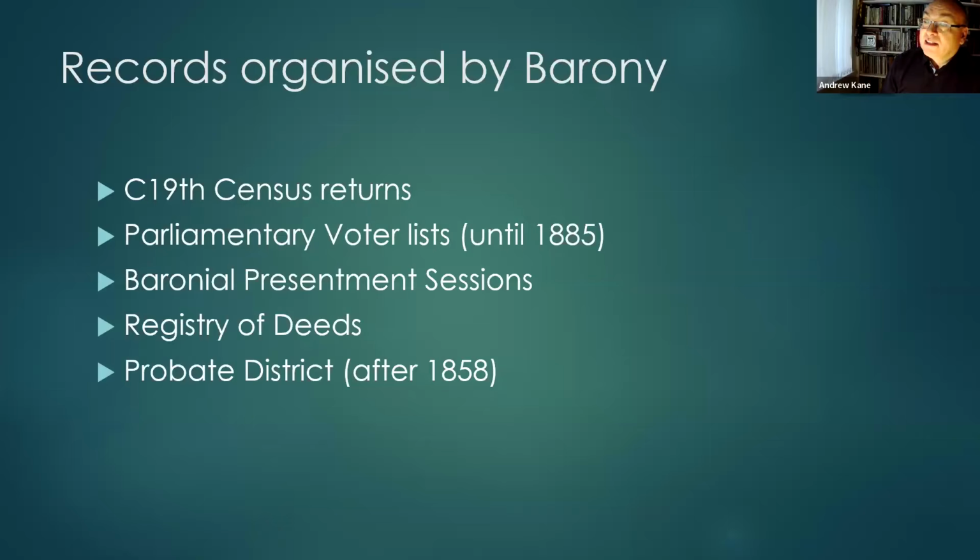Then baronial presentment sessions are again a method of local government where local taxes were raised and local money spent on a baronial basis. How the baronial presentment sessions were selected was that the top 100 taxpayers in the barony were listed, and there was a kind of lottery system by which 24 men were picked to sit on the presentment sessions and decide on tax matters for everyone else.